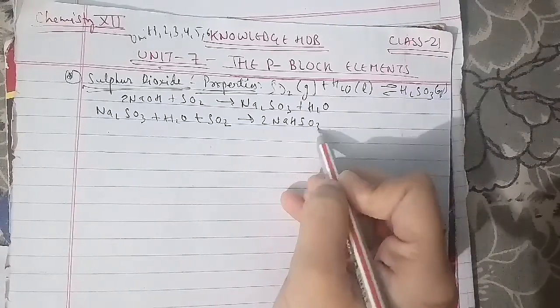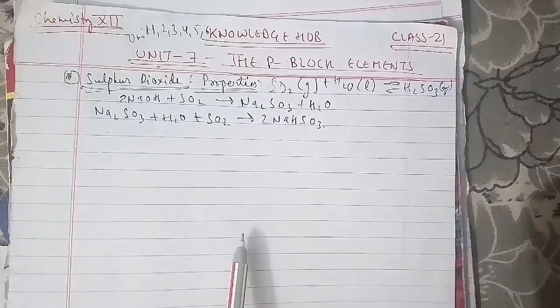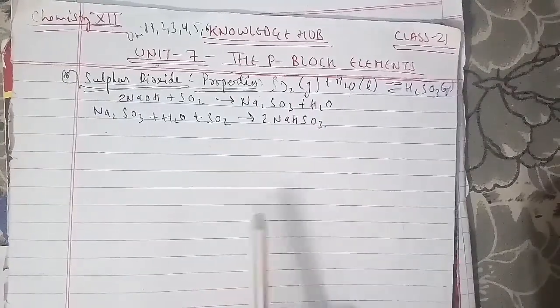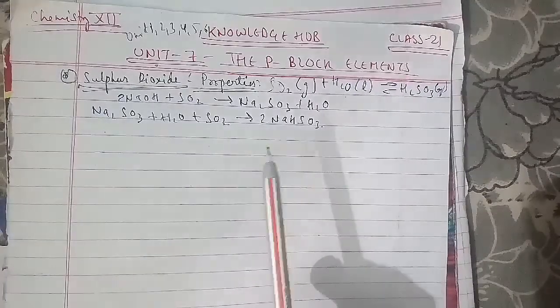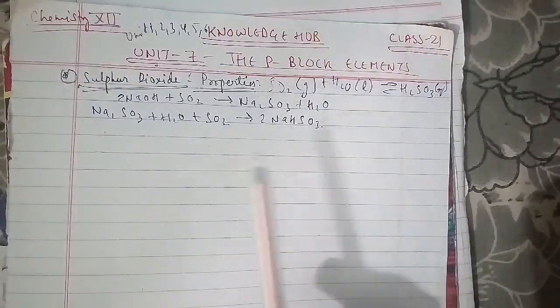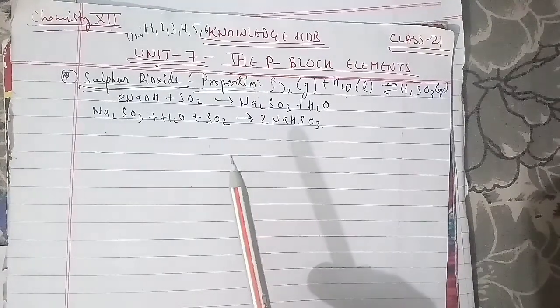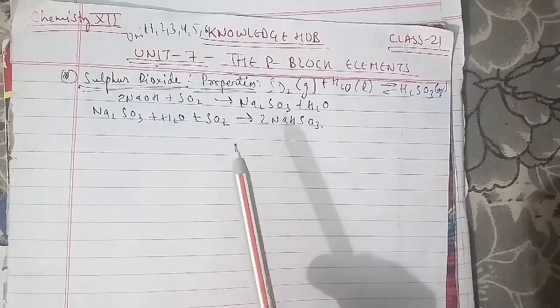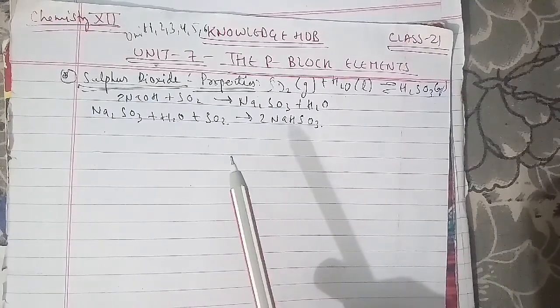In its reaction with water and alkalis, the behavior of sulfur dioxide is very similar to that of carbon dioxide. Sulfur dioxide reacts with chlorine in the presence of charcoal, which acts as a catalyst, to give sulfuryl chloride, SO2Cl2. It is oxidized to sulfur trioxide by oxygen in the presence of vanadium oxide catalyst as well.